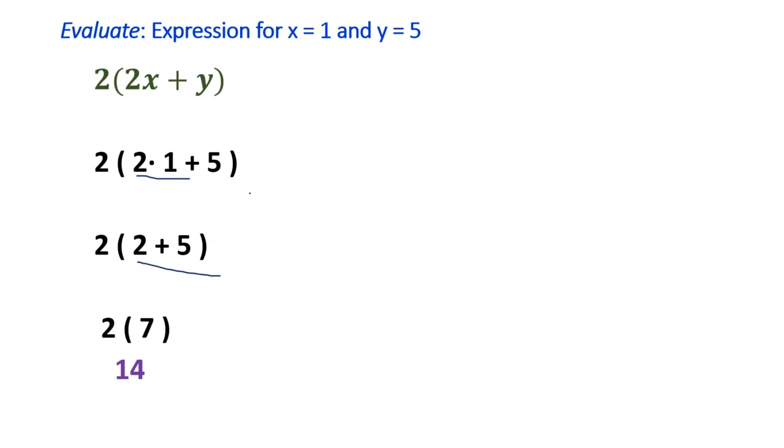Let's try another expression using a fraction bar. Here I have 4x plus 3y minus 1 divided by 2x plus y. Go ahead and replace all your x's by 1 and y by 5.